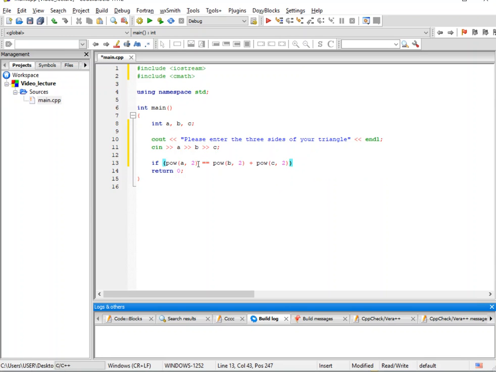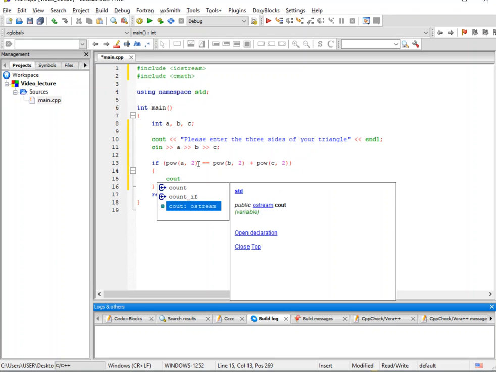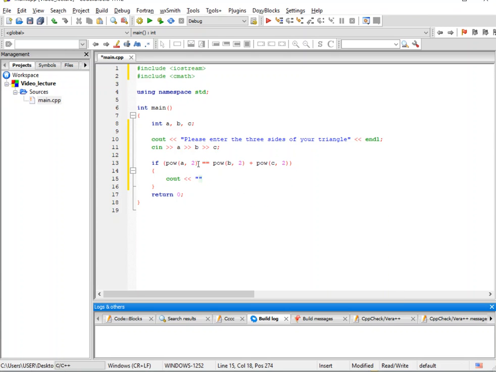we will cout a very simple message. We will do a cout and say that the triangle is a right angled triangle.